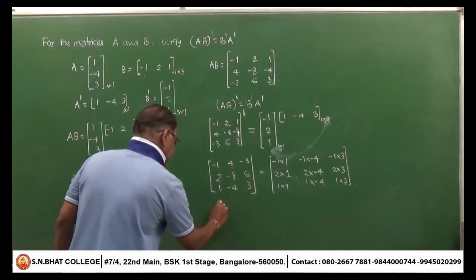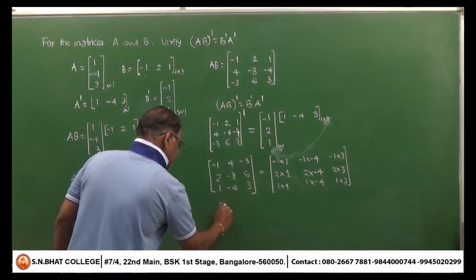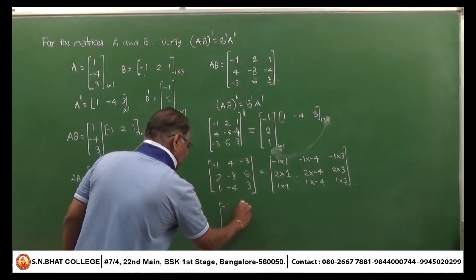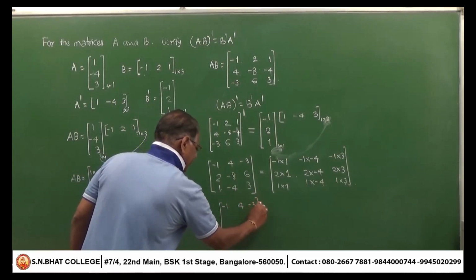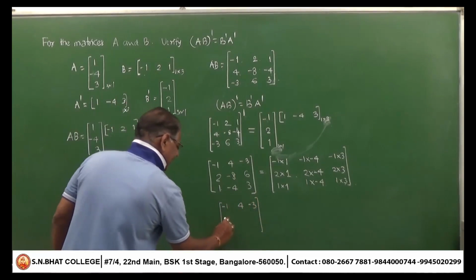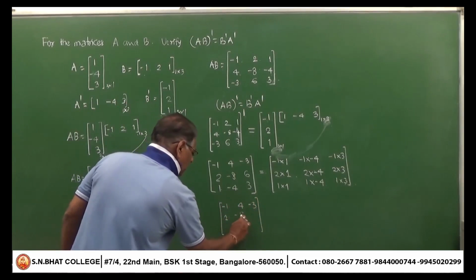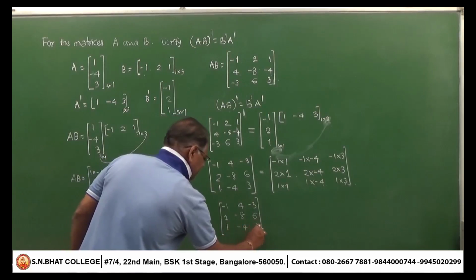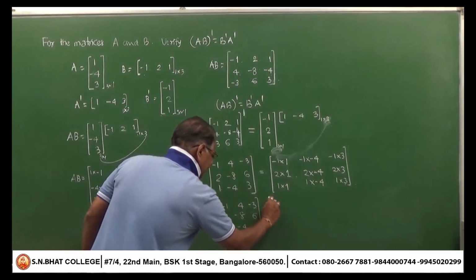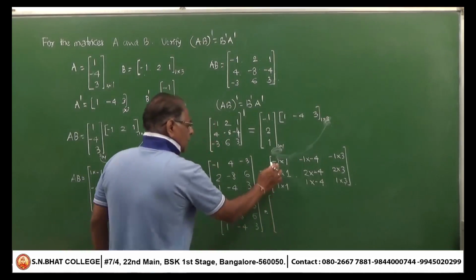Simplify the right hand side matrix. This is minus 1, 4, minus 3. Write left hand side as it is: 2, minus 8, 6; 1, minus 4, 3.